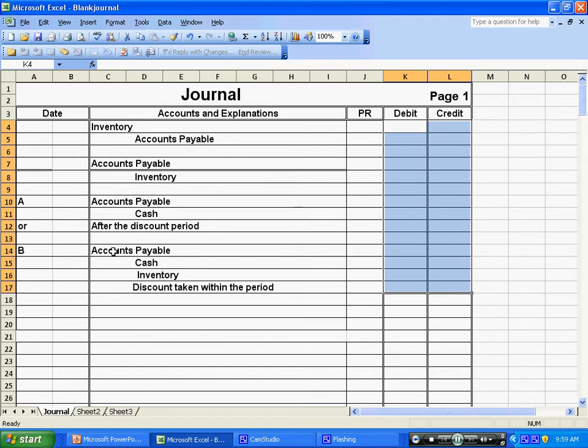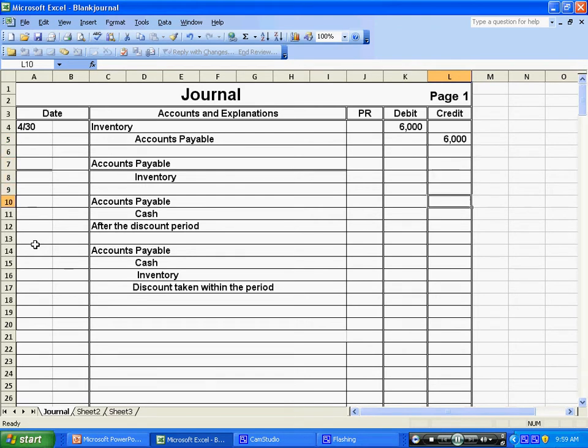Let's look at the fact pattern and see what we have to record. On April 30th, Boozer Jewelers purchased inventory of $6,000 on account from Van Dyke Diamonds, a jewelry importer. The terms were 3/15, net 45.